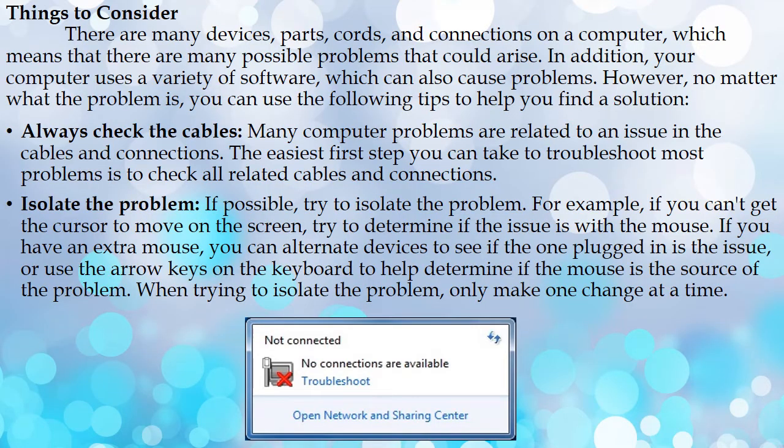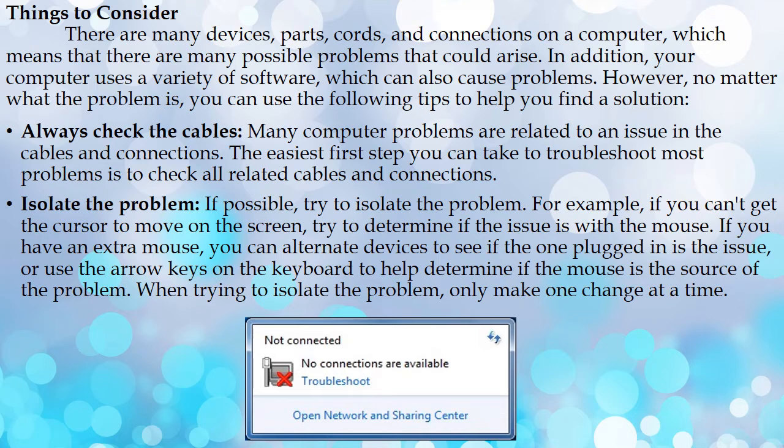Now let's proceed to the next. These are the things to consider in fixing our computer. There are many devices, parts, cords, and connections on a computer, which means there are many possible problems that could arise. In addition, your computer uses a variety of software, which can also cause problems.